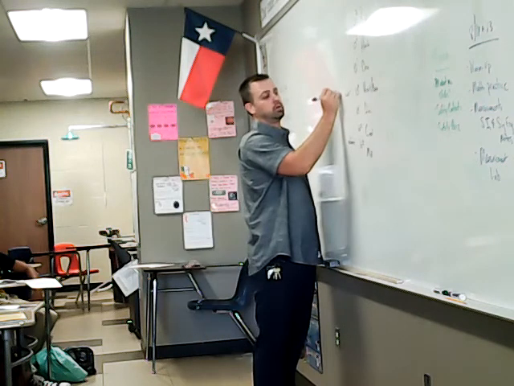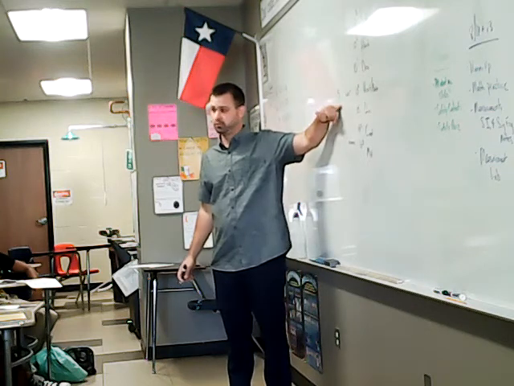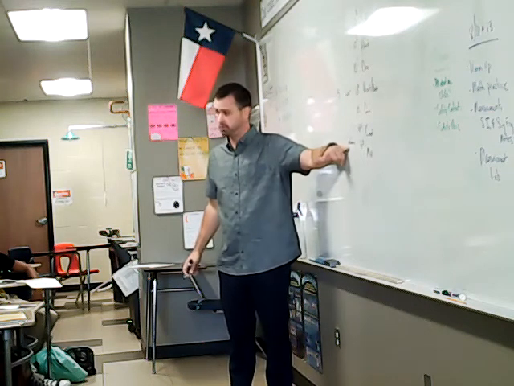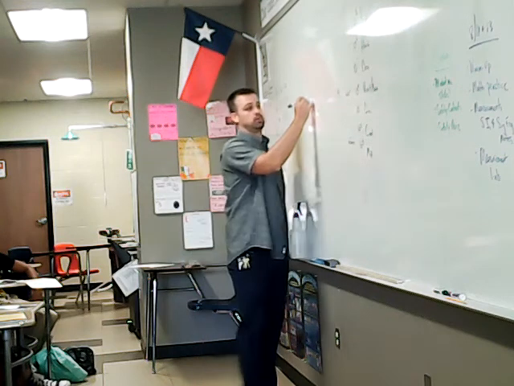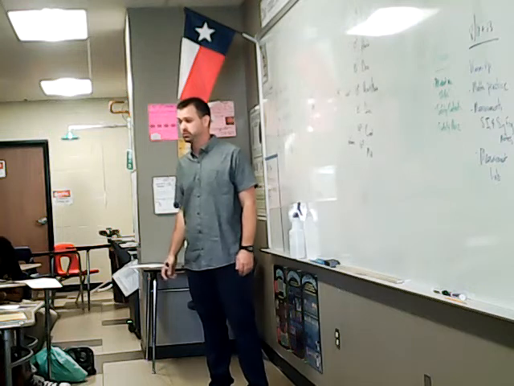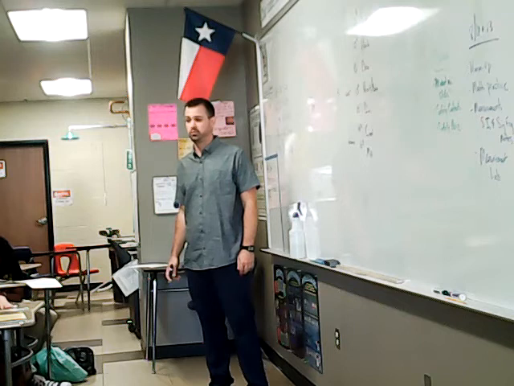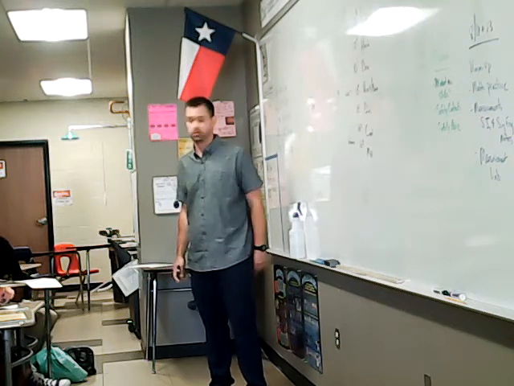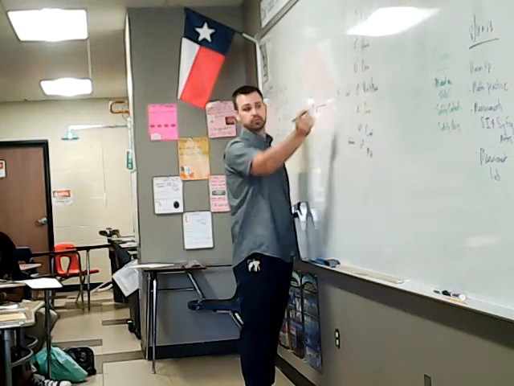So how do we do that? Let's say I have 4 meters, and I want to turn 4 meters into millimeters. The first step, and you all should be writing this down, is to write out the given, 4 meters. And this is going to be great practice for dimensional analysis, which is next unit. Well, I want to get out of meters and into millimeters.